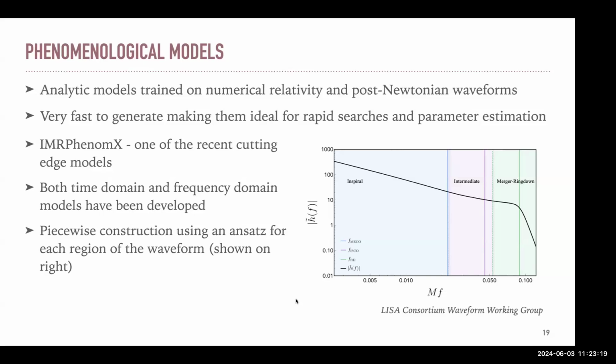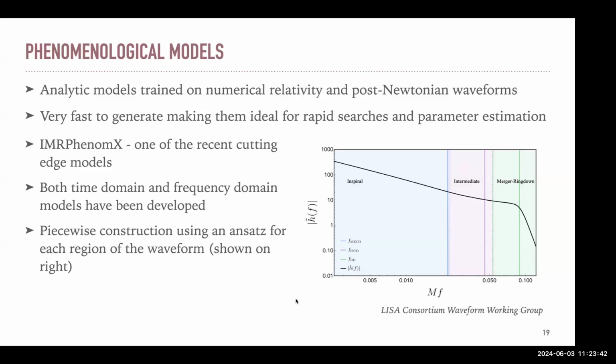IMRPhenomX, for example, is one of the recent more cutting edge ones. XPHM is really what I should have put there, which has precession and higher order modes, and is the more accurate one there.